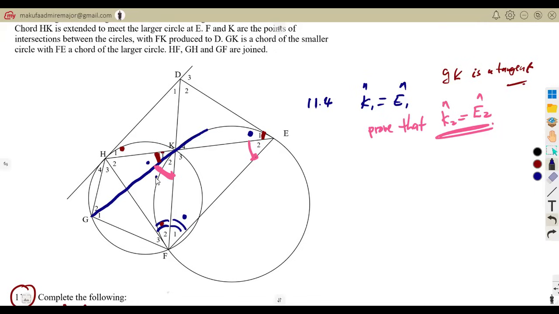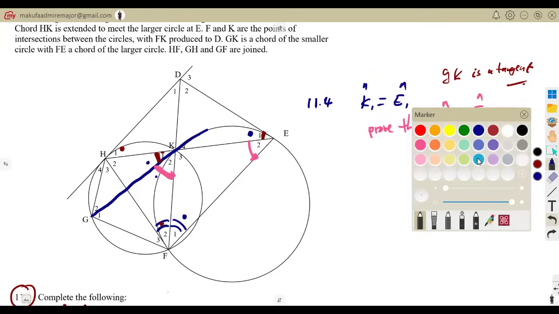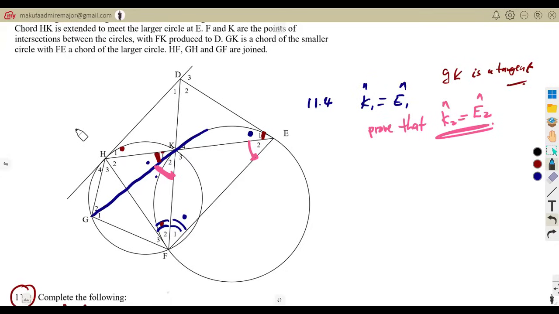These are the two angles that we see here. And previously, we are told that K1 is equal to E1. This is what we are given before. So the sum of these two, where can they be related, guys? Where we have E1 and E2 at the same time. E1 is there, E2 is there.